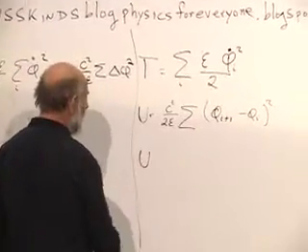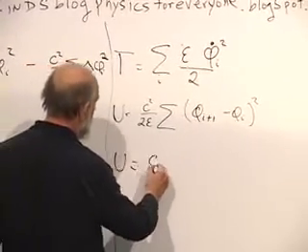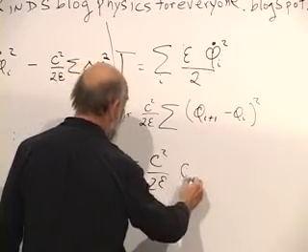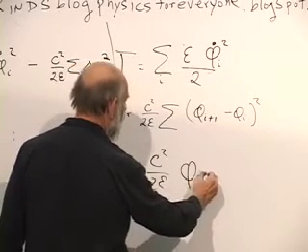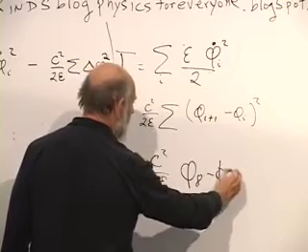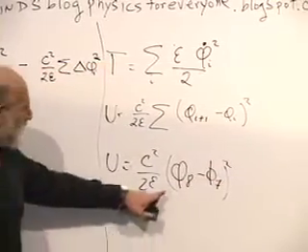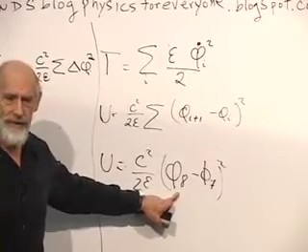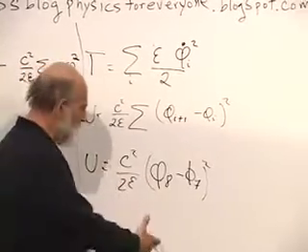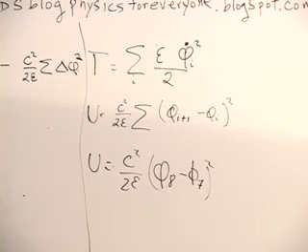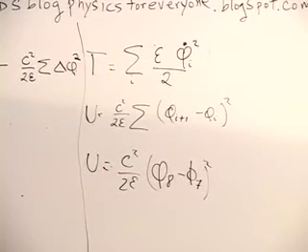So u, that particular term, is c squared over twice epsilon times (phi 8 minus phi 7) squared, which incidentally is the same as (phi 7 minus phi 8) squared. It doesn't matter which order we write it. Phi 7 minus phi 8 squared is the same as phi 8 minus phi 7 squared.